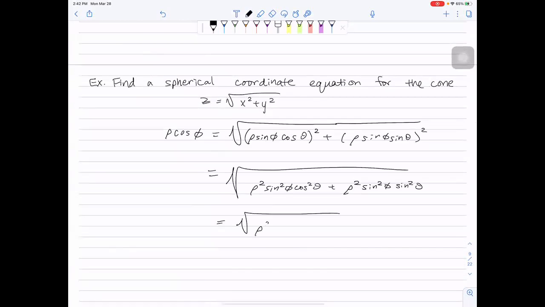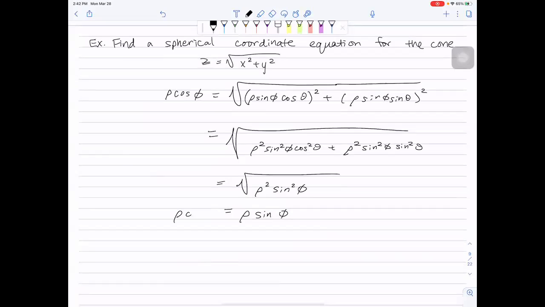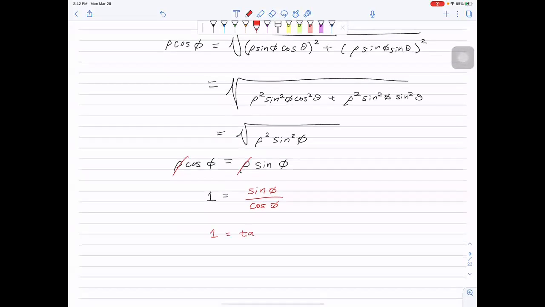So we're just left with rho squared sine squared phi, or rho sine phi. So right now we have rho cosine phi equals rho sine phi. If we divide both sides by rho, and then divide both sides by cosine phi, we get 1 equals tangent phi.